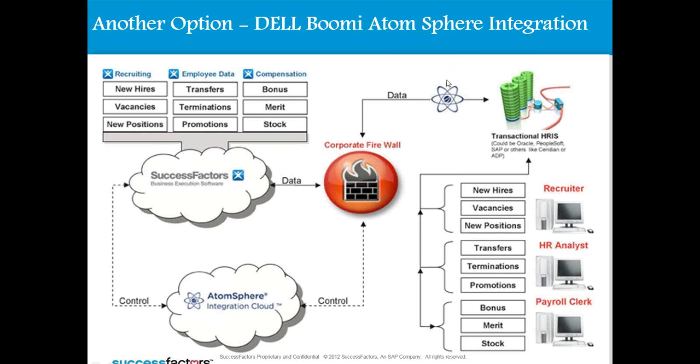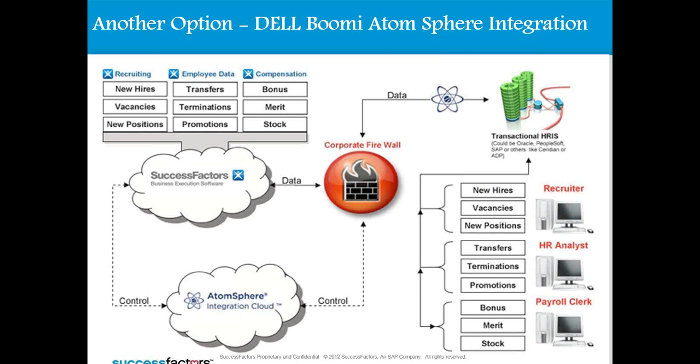This local atom is completely maintained by the customer. It has to be installed locally and maintained by the customer on premise. Atom in the cloud, here we need not install or maintain any software or hardware.